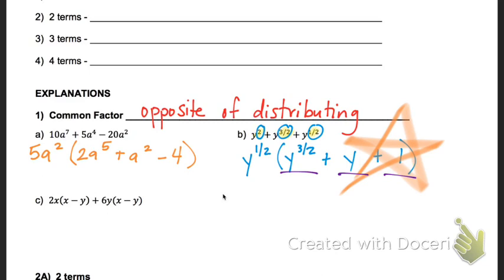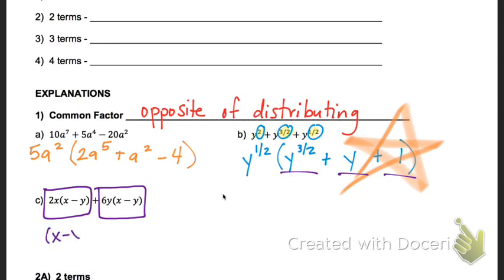Okay, look at C. Would you divide by x minus y? So I'm looking at 2 different things, like 2 terms individually. You can divide by x minus y in parentheses, right? What do they both have in common? X minus y.